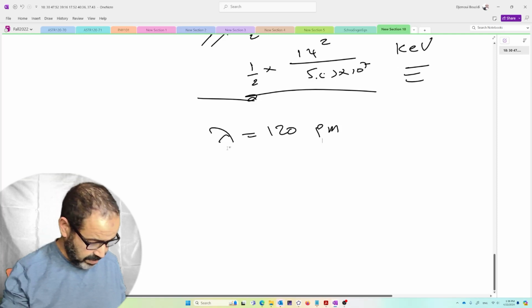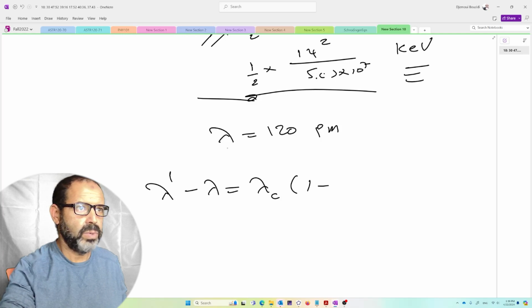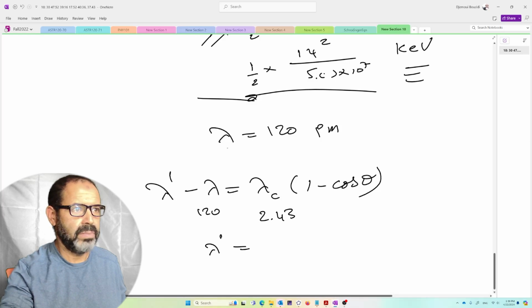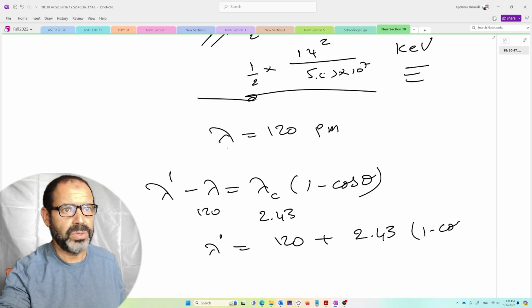Okay, so basically you want the outgoing lambda prime first. Lambda prime minus lambda is lambda c times 1 minus cosine theta. Okay, lambda c is 2.43 picometers. Lambda is given to be 120 picometers, so lambda prime is going to be simply equal to 120 picometers, everything is in picometers in this problem, plus 2.43 times 1 minus cosine theta.